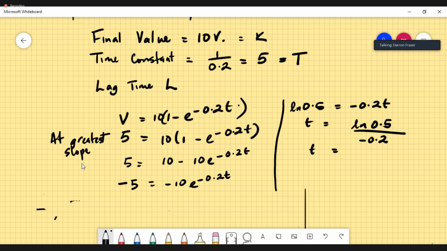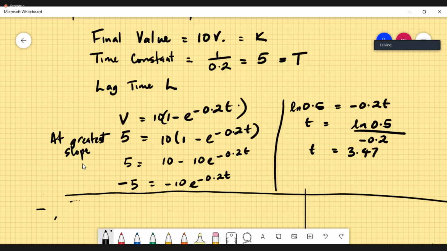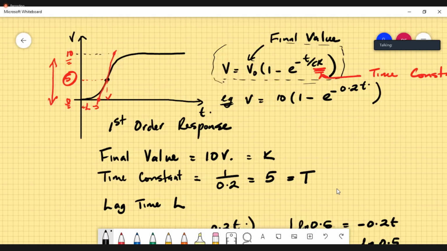Let me calculate that. 3.47. All right. So this is going to be 3.47. Anyway, 3.47. And over here, it's 5.